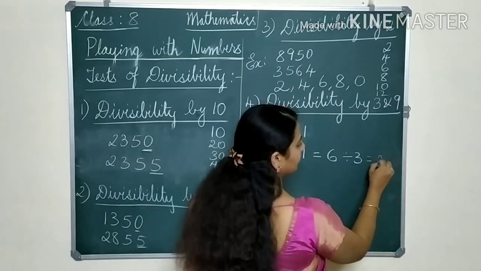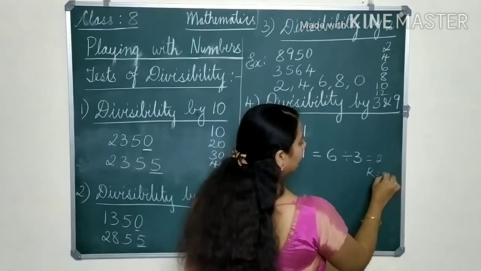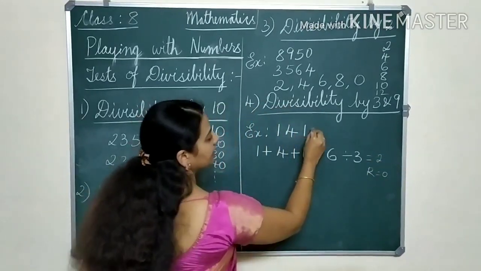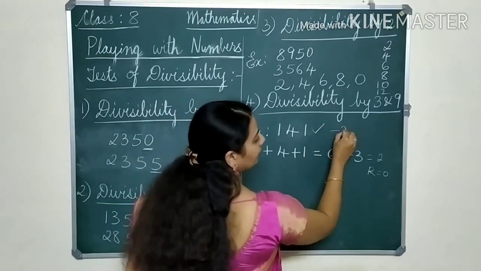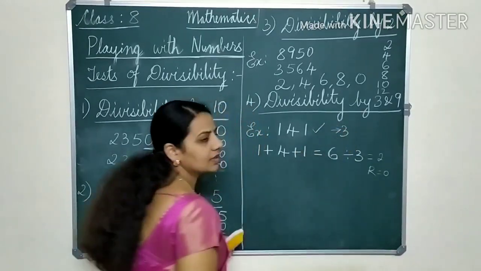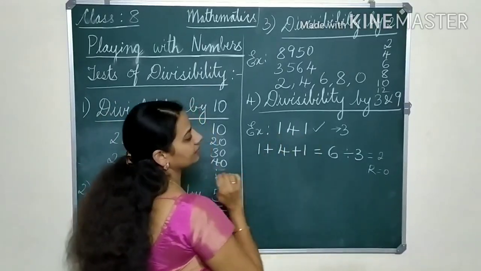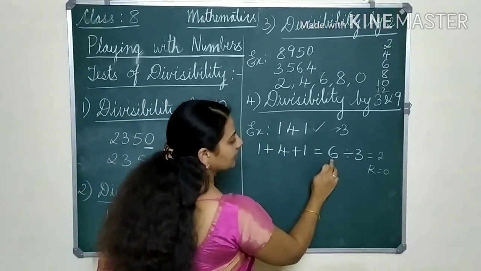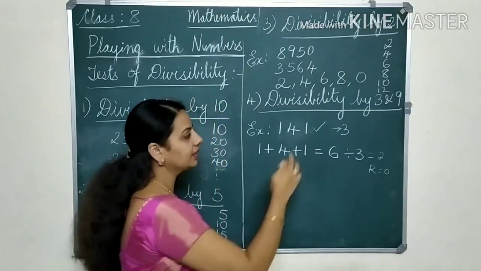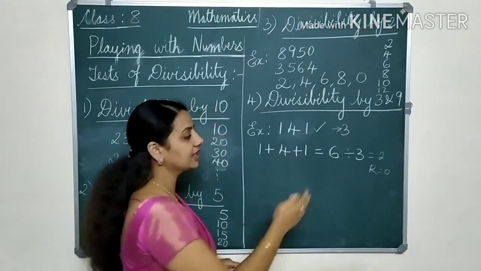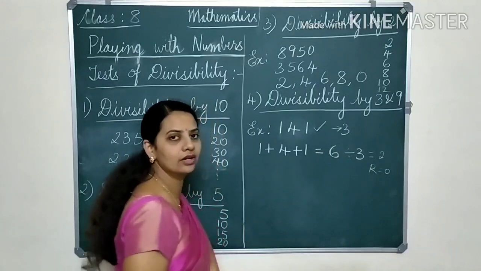You will get 2 as the answer and remainder as 0. So this number is divisible by 3. So the rule is you just have to add the digits and find out whether this sum is divisible by 3 or not, whether it is a multiple of 3 or not.